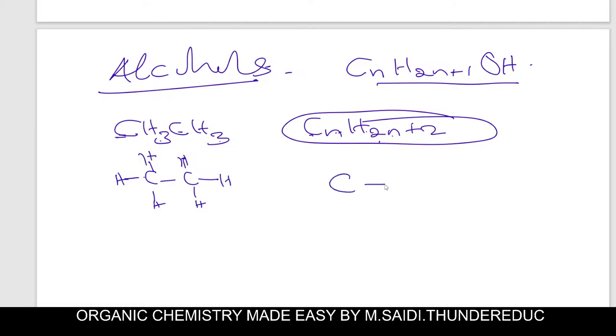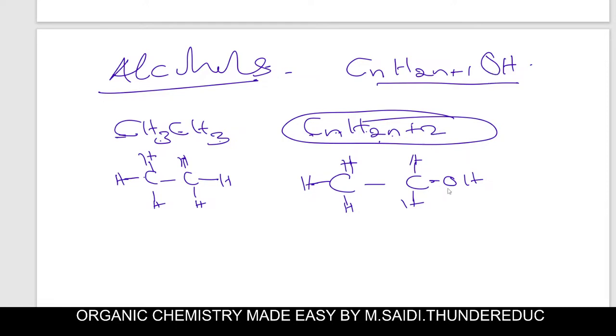Now if I have an alcohol, it's going to be the same thing, but in this case it changes. One hydrogen has been replaced with OH. So I remove this hydrogen and replace it with OH. Now it is an alcohol, it's not an alkane anymore. And this will obey its own general formula, not the alkane one anymore.